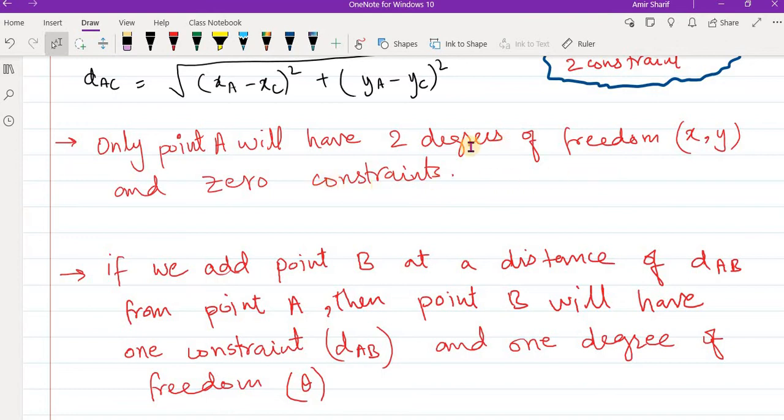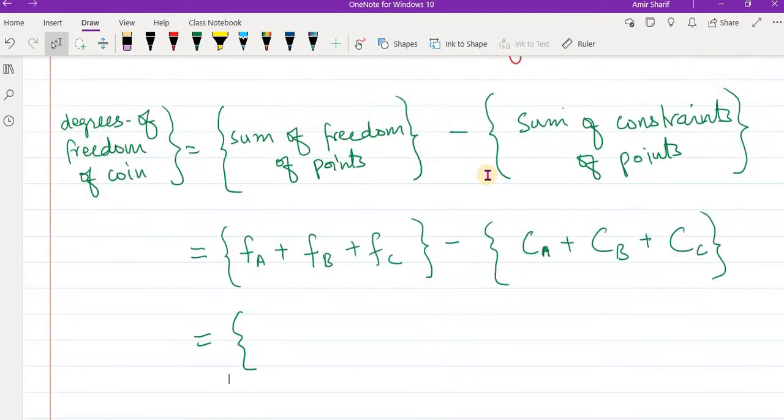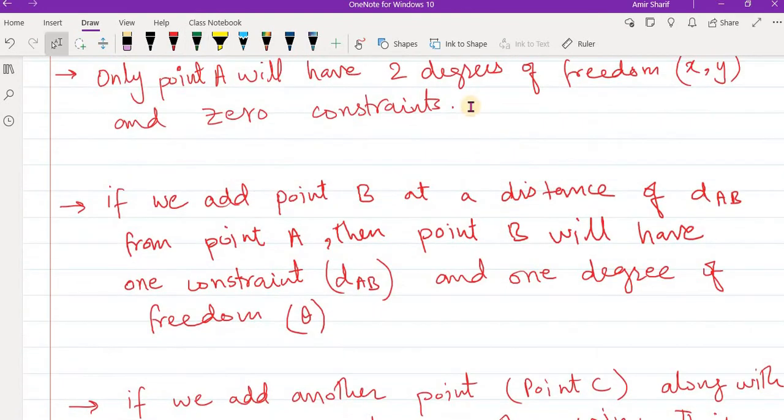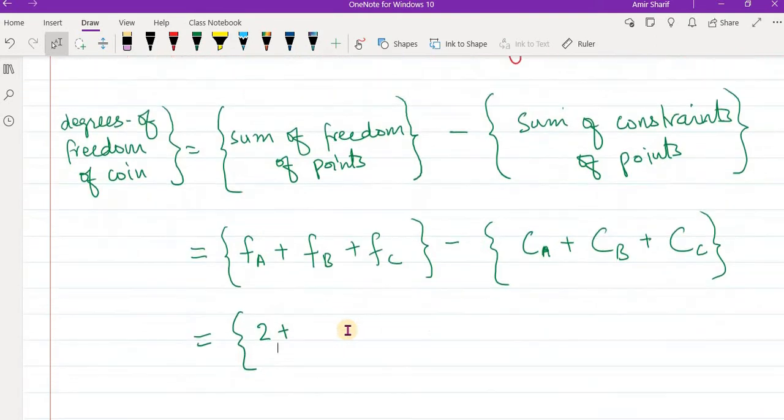It has 2 degrees of freedom. So point A has 2 degrees of freedom, and then point B has 1 degree of freedom, which is theta.